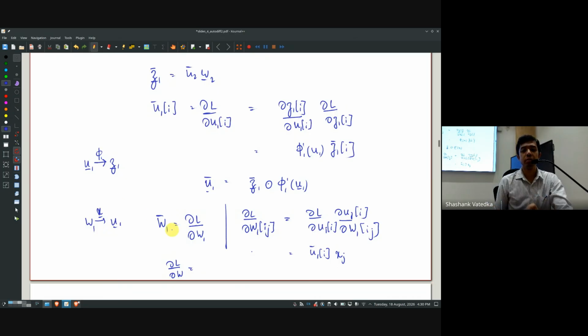This quantity, W1 bar, should be a matrix. So what is the ijth element of W1 bar equal to? It's equal to this quantity, right? Correct. So W1 bar is equal to U1 bar times X transpose, the outer product of U1 bar and X.